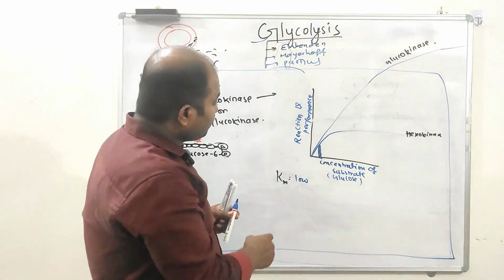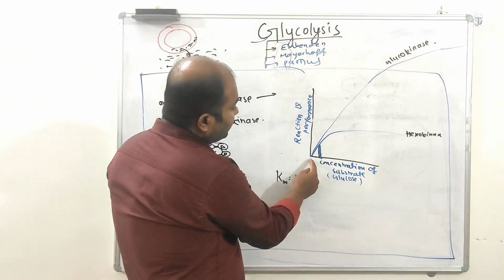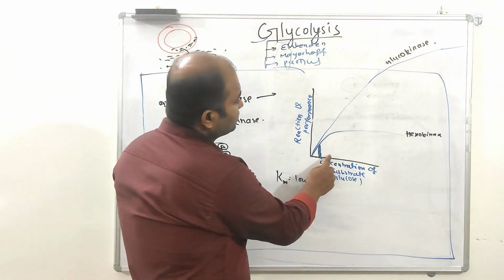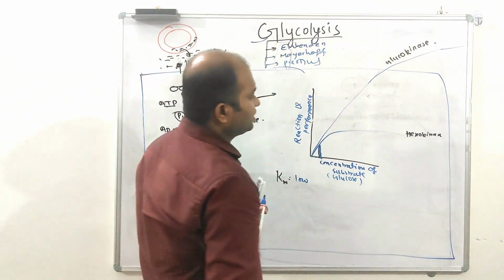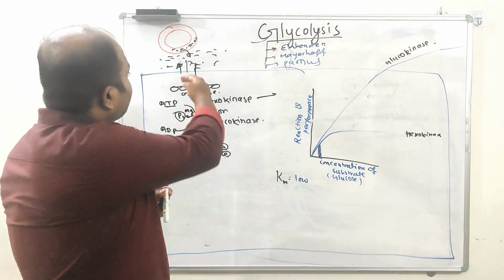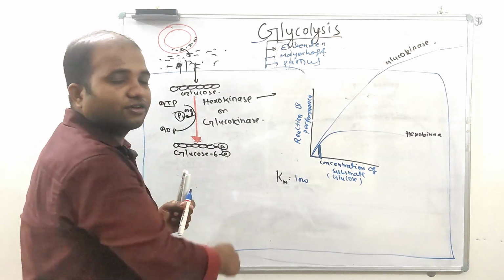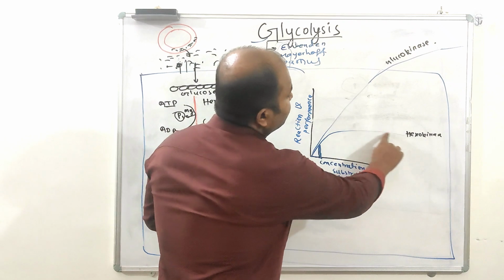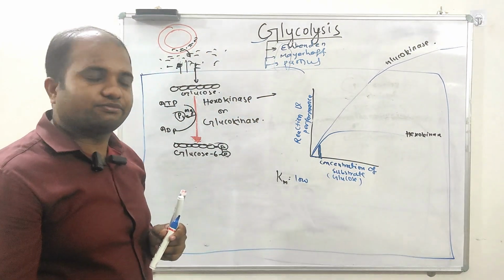But it cannot take more amount of glucose. If you keep increasing the glucose, at a certain period of time it cannot take more, the reaction velocity will remain same, right? So it cannot convert more amount of glucose into glucose 6-phosphate, because once you increase the concentration, the rate of reaction remains same, right?